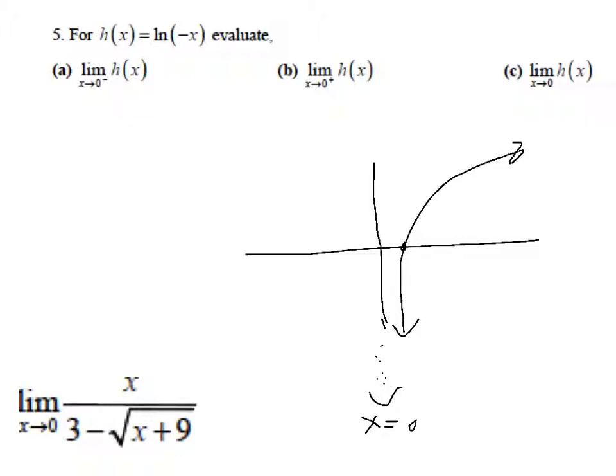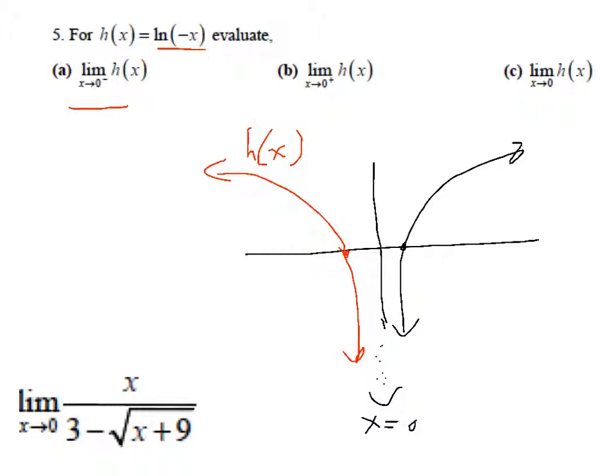So if I want to graph ln of negative x, I know that that flips over the y-axis when I put that in there. So this is the graph that I am looking at, and that is h of x right here, f of negative x. So that's what I'm going to use to answer these particular questions.